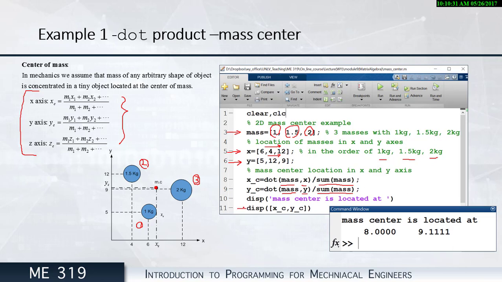So now you can display its mass center position. If you run this program by this green arrow, the program will output saying that your mass center is located at 8 and 9.1. So it will be around here.